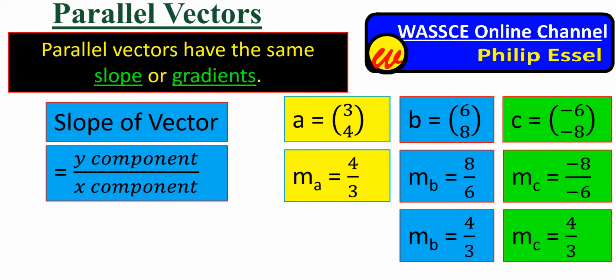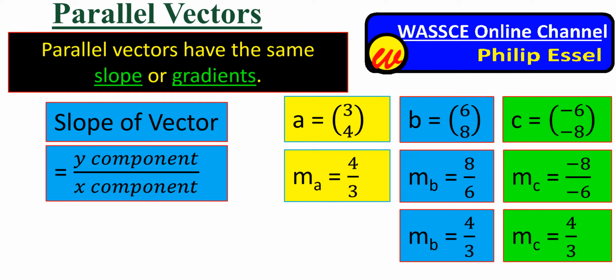So what this means is that the vectors A, B, and C are parallel vectors. So calculating the slopes of vectors can help us determine whether two or more vectors are parallel or not.